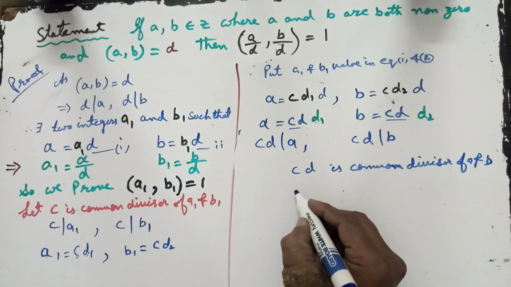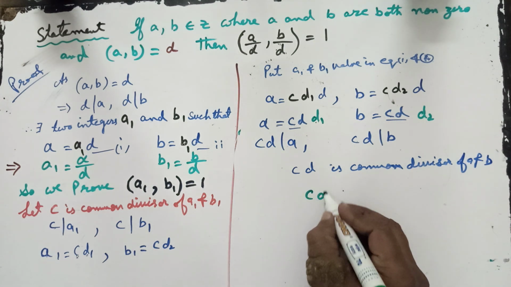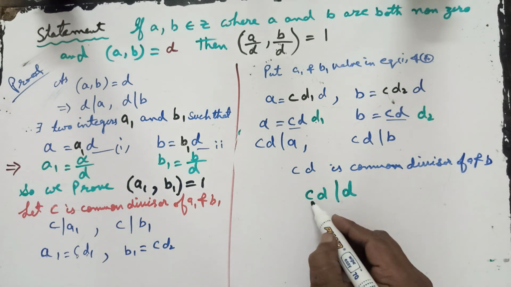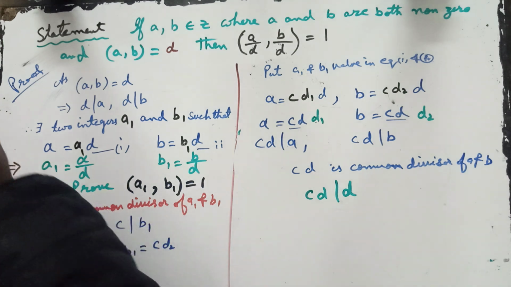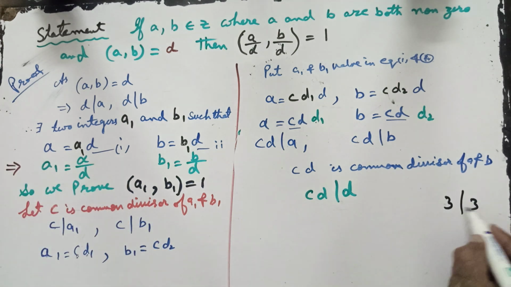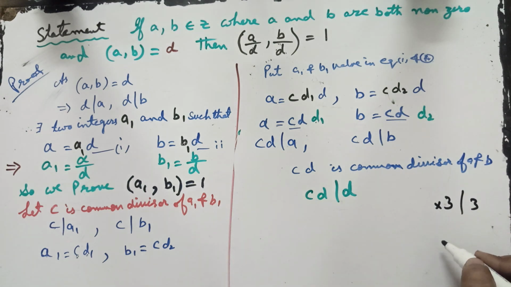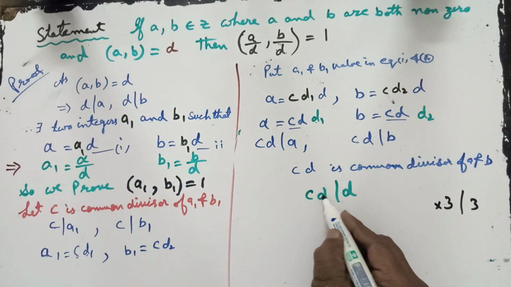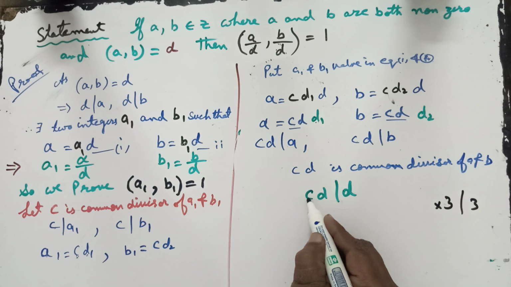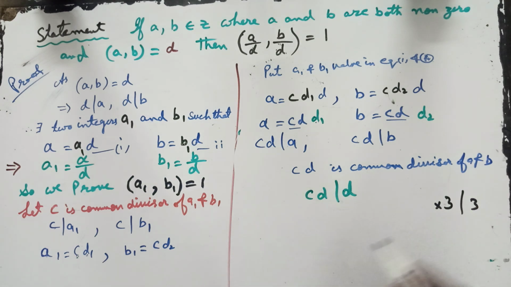If cd is a common divisor, then cd must divide the greatest common divisor of a and b, which is d. How is it possible that 3 divides 3 and then I multiply with some number and this expression is still true? If d is equal to d and I multiply with some number and then it still divides d, how is it possible?